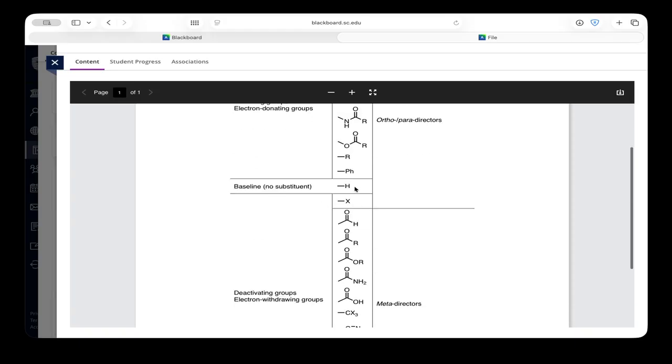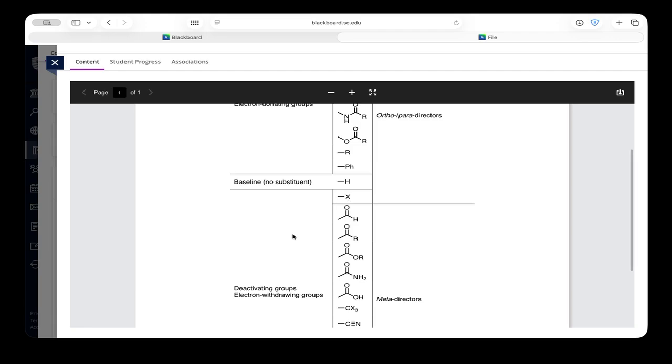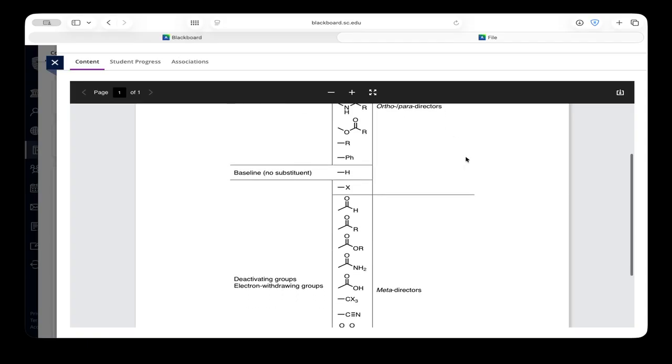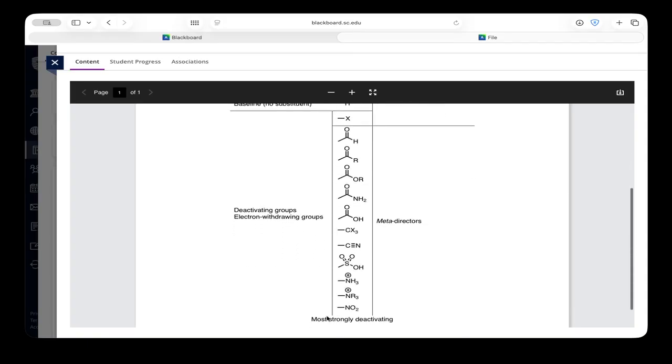In the middle here, we've got a hydrogen, which is just nothing, and so that doesn't really have an effect. And then we've got that weird exception where the halogens are deactivating groups. They're electron withdrawing groups, but they're also ortho-para directors. Again, down here at the bottom, we've got the deactivating groups, and these go in increasing order of strength, with nitro being the most strongly deactivating group.